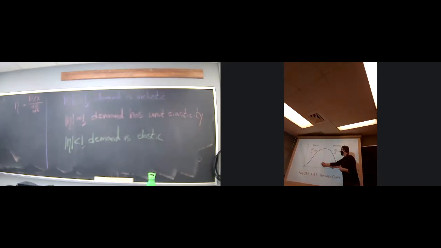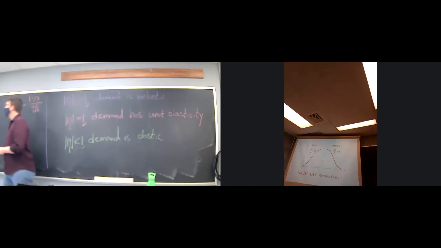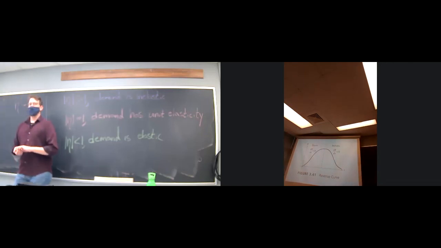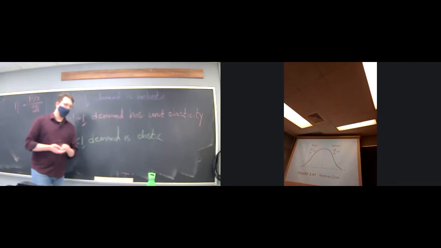And this would be unit elasticity, or my mistake, no, it's not the unit elasticity. This is the split between the two. Is everybody cool with this? I'm going to take the silence to be a yes.